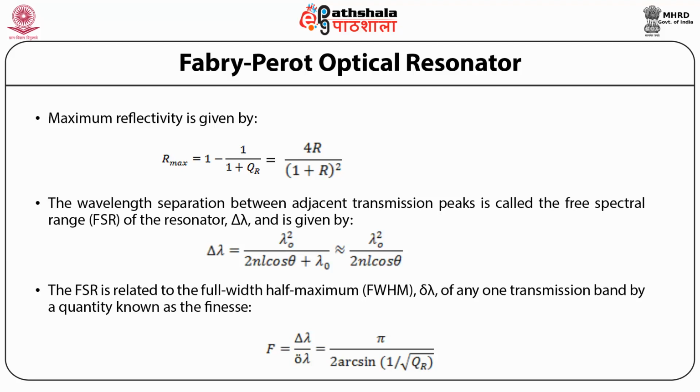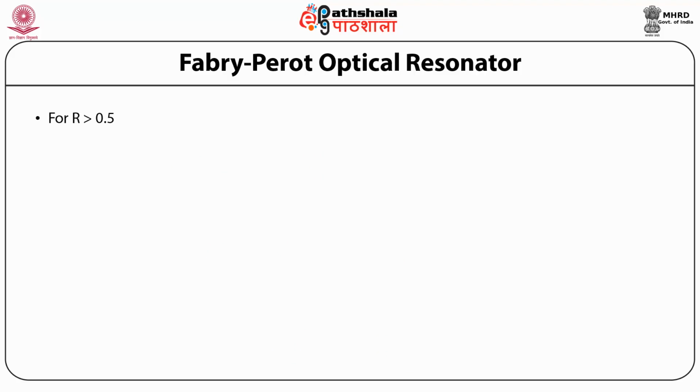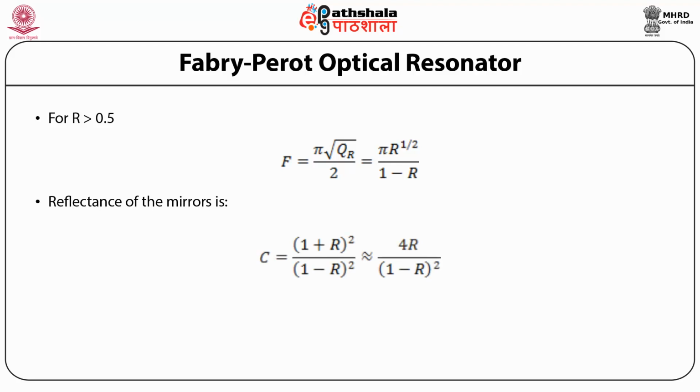The denominator delta is different from the numerator delta, and is equal to pi upon 2 arcsine of 1 by root Q_R. For R greater than 0.5, the fineness F is written as pi root Q_R by 2, which is equal to pi root R upon 1 minus R. The coefficient C is equal to (1 plus R) square by (1 minus R) square, which is approximately 4R by (1 minus R) square, and C is equal to (2F by pi) whole square.